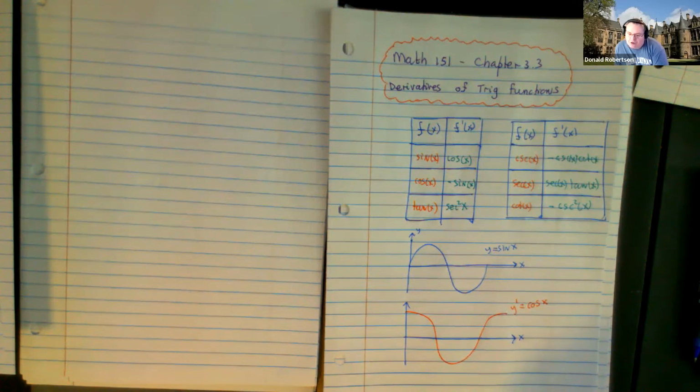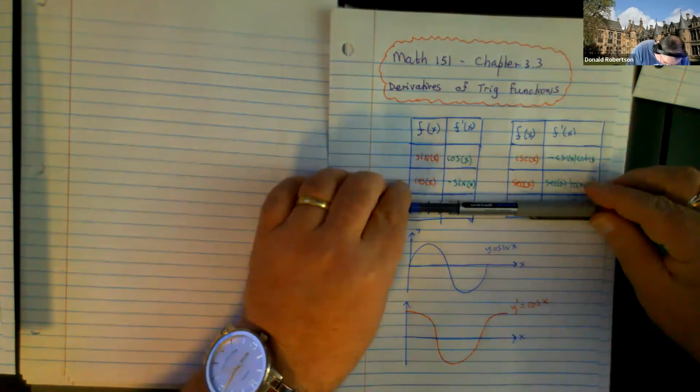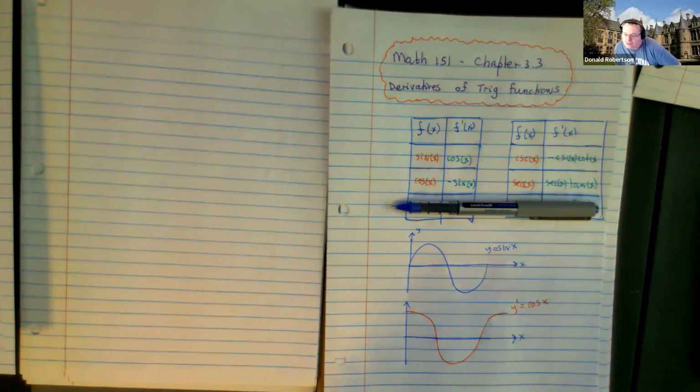And the other ones are not that easy to remember, but there are patterns to it. And let me show you some of the patterns, at least the way I look at it. Everyone's brain works different. But I look at the derivative of secant and cosecant. And what I notice is that they have a pattern, and the pattern to me is oppositeness.